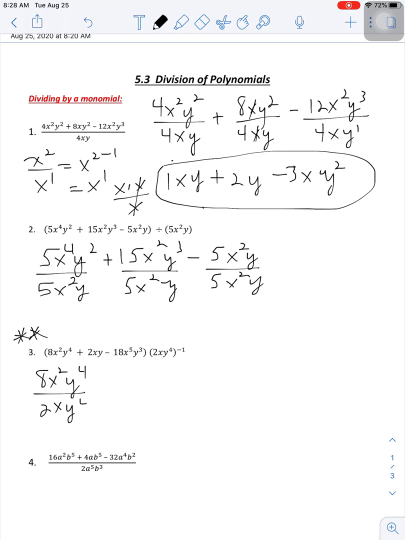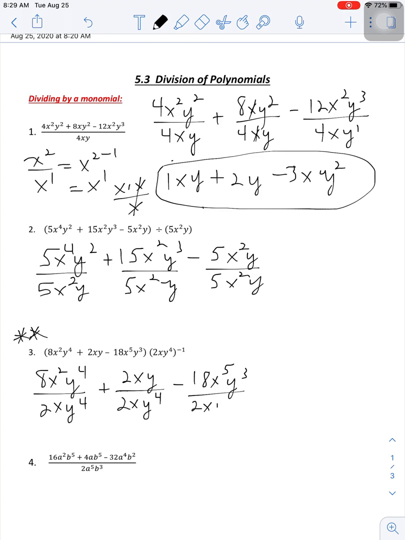It's really the same thing that we were doing in number 1 and number 2, with the exception that it's written a different way. When you flip it down to the bottom, that negative 1 disappears, and it's just a different way of writing a division problem.